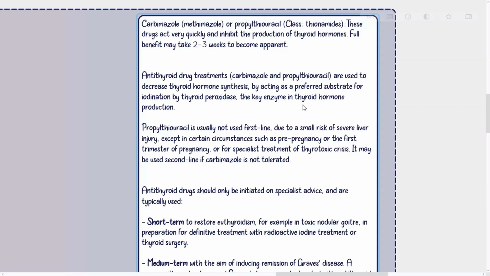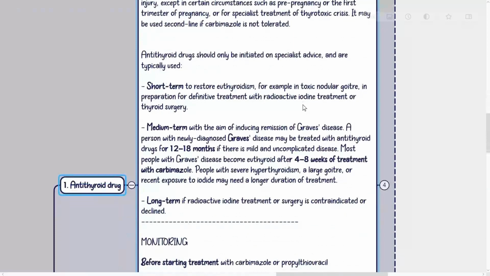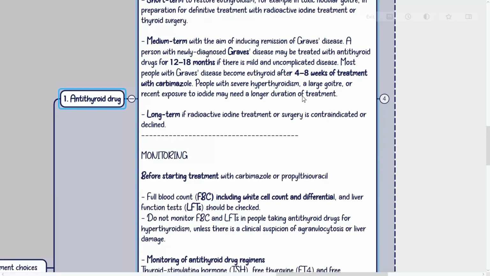Antithyroid drugs should only be initiated on specialist advice and are typically used short-term to restore euthyroidism, for example in toxic nodular goiter, in preparation for definitive treatment with radioactive iodine treatment or thyroid surgery. Medium-term, with the aim of inducing remission of Graves' disease. A person with newly diagnosed Graves' disease may be treated with antithyroid drugs for 12-18 months if there is mild and uncomplicated disease.